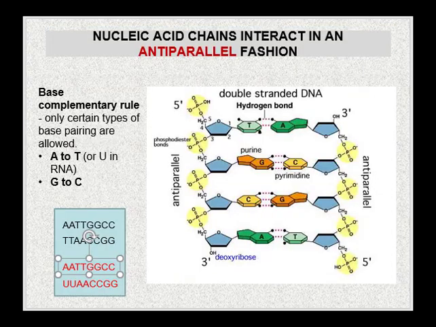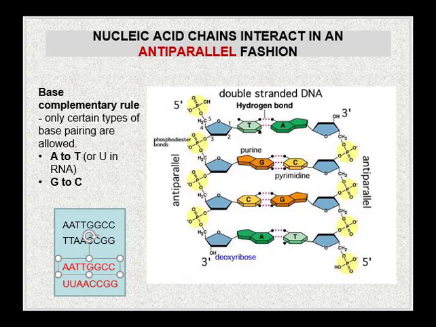Now, only certain nitrogenous bases can pair or bond with other nitrogenous bases. These pairs are composed of a purine and a pyrimidine. In DNA, adenine will always bind to thymine, and guanine will always bind to cytosine.